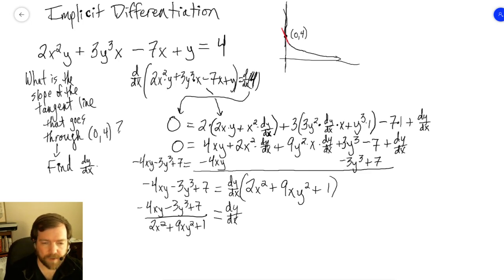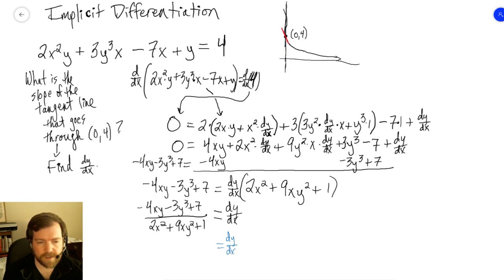So at this particular point, again, 0, 4, we want to plug all of that in, 0, 4, and get all of the appropriate dy dx value out of this.